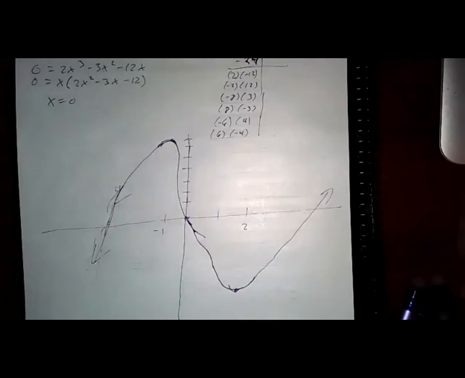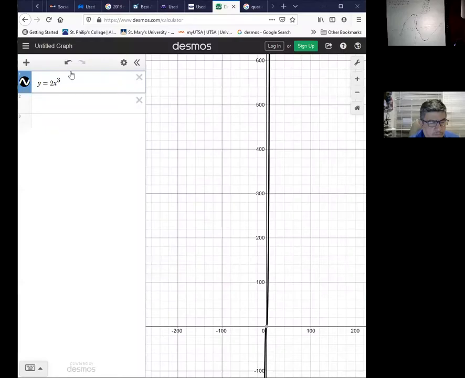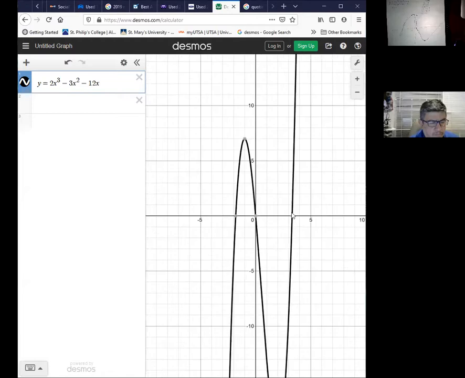But since we have graphing tools, we can verify this. We don't have to do it old school. It's just that they told us to. 2x cubed, let's go ahead and graph this. See how much prettier it is on here. Yeah, kind of got it right, a little bit.